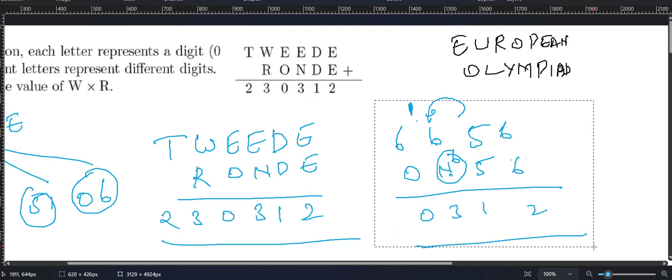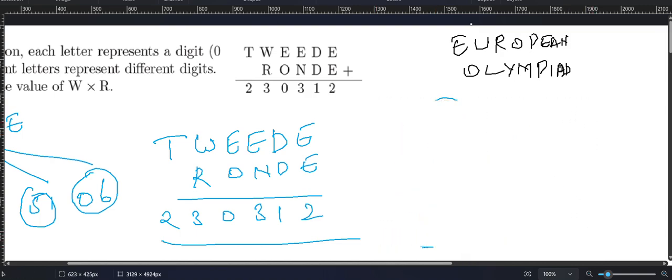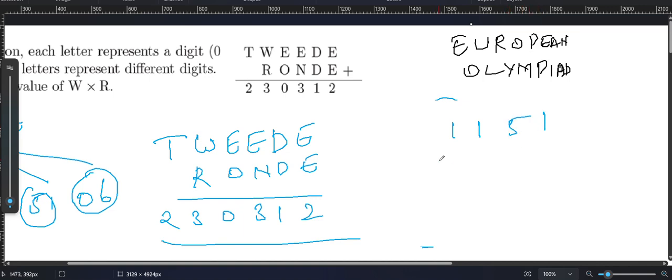Let's explore another possibility, that is 5 and 1. So D will be equal to 5, and E is going to be equal to 1.